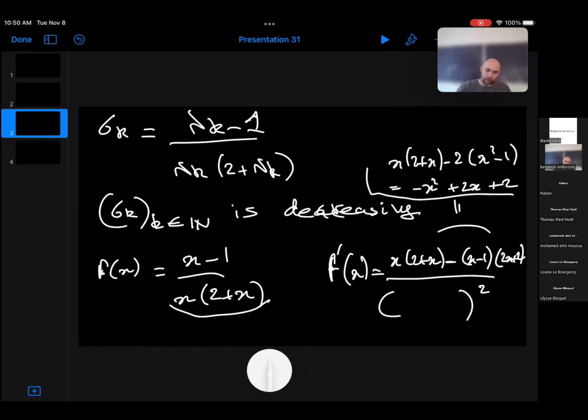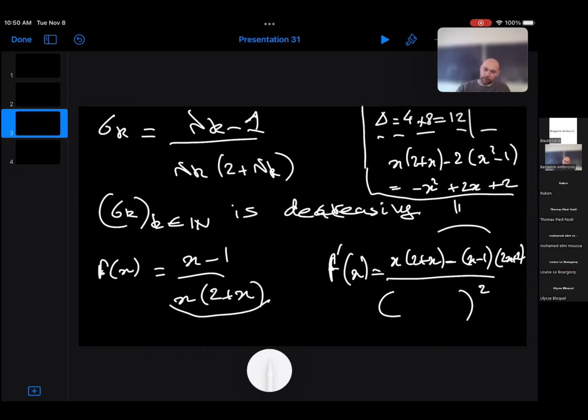Yeah, so if I compute here the delta, I got 4 plus 8 equals 12.